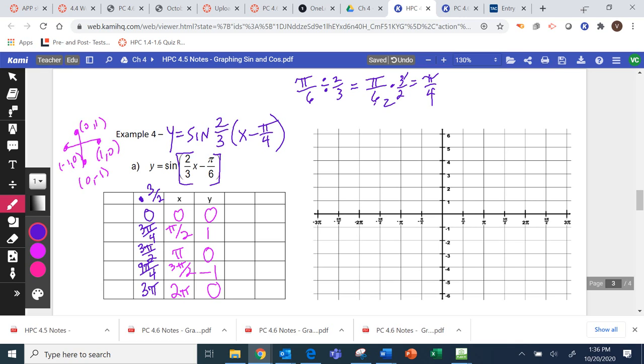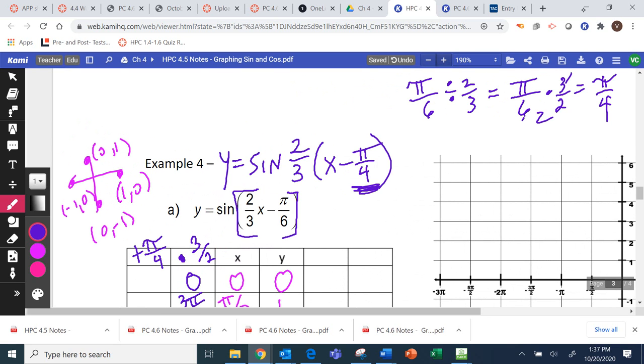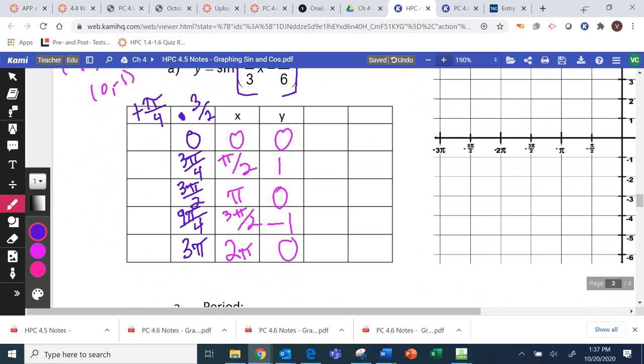Then we have this minus pi over 4, which becomes a plus pi over 4. So this is moving it to the right, pi over 4. And again, you need to know how to, I see squinting. Let me zoom in. You need to know how to add, subtract, multiply, divide fractions. So I'm going to go a little fast because I learned that a long time ago.